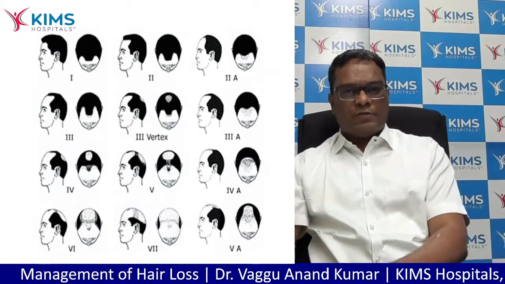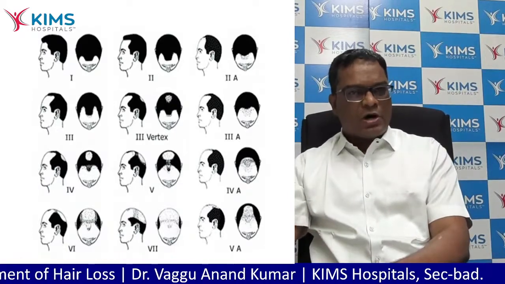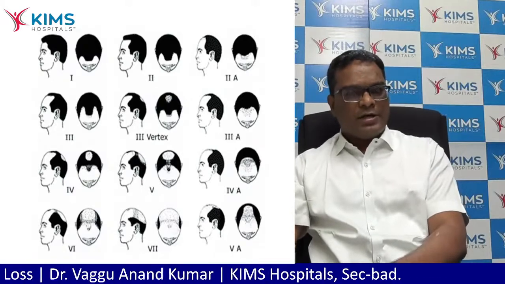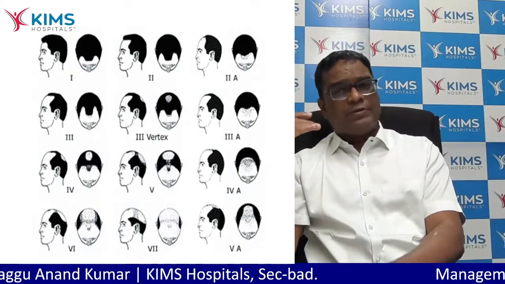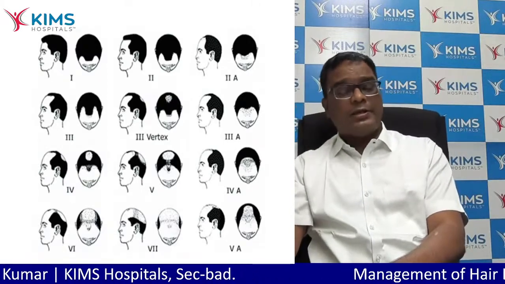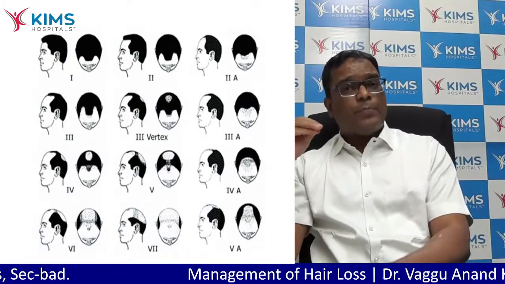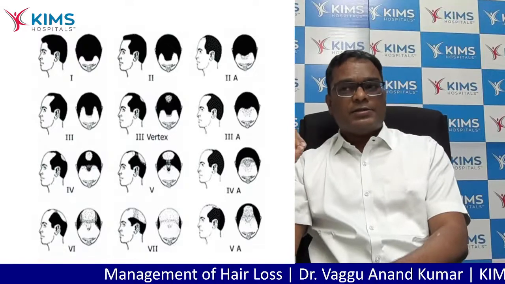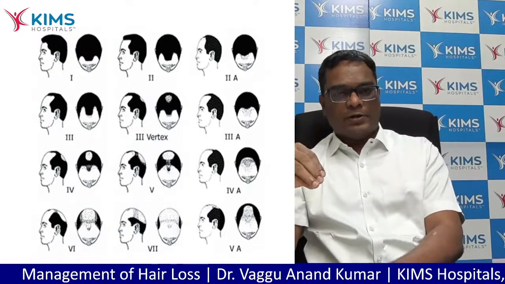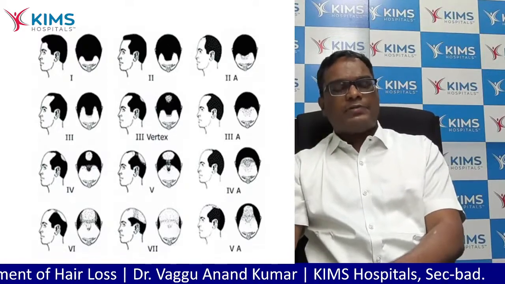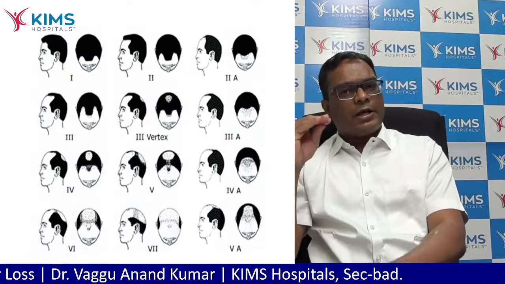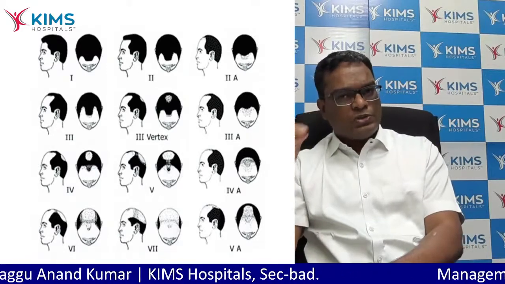Suppose the family history of baldness is very strong from the mother's side or father's side, and they present with grade 2 and hair thinning behind, then he may progress to grade 3. In such cases, we have to start the treatment. From grade 3 onwards, if hair thinning is there, we recommend minoxidil lotion.